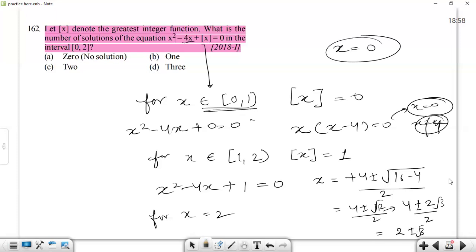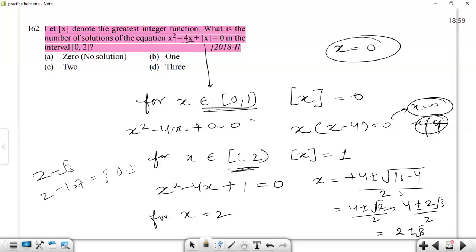Now root 3's value is 1.71. So 2 plus 1.71 does not satisfy our given domain. But 2 minus root 3 is 2 minus 1.71. Is it going to remain in the domain? No, of course it's not, because it will be somewhere around 0.3, which is not in the domain.